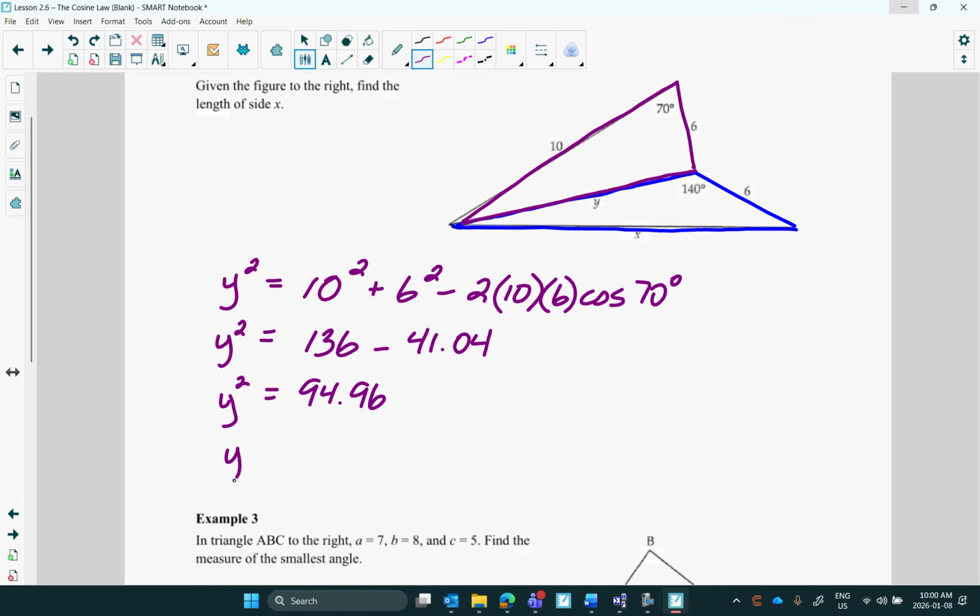So y is going to be the square root of 94.96, which gives me about 9.7. So now I know that this is 9.7.